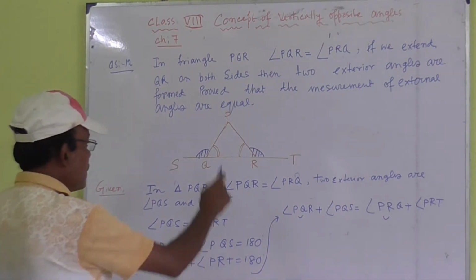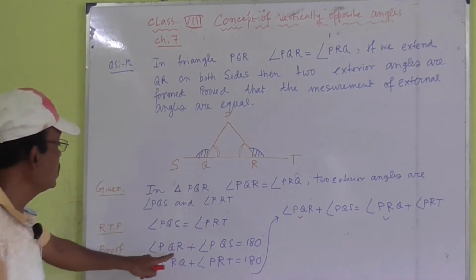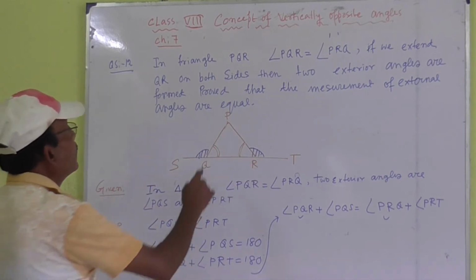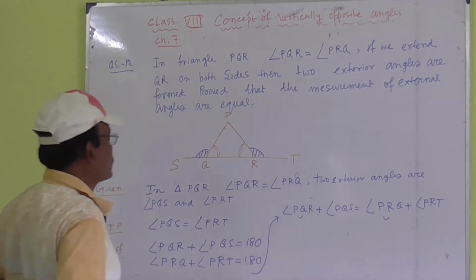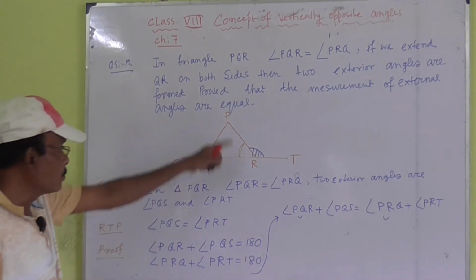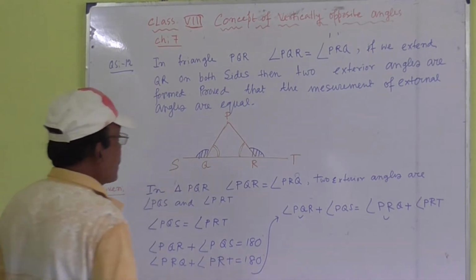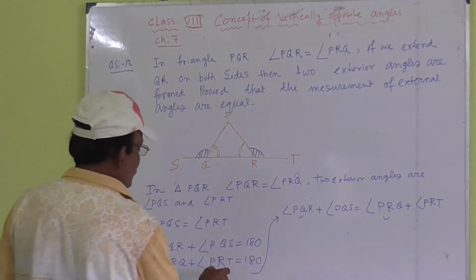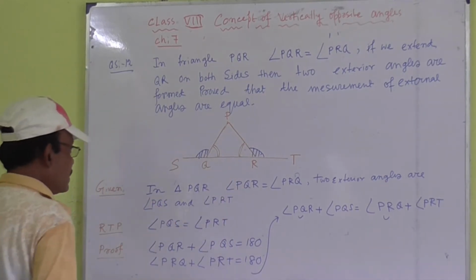We know that, sorry, the next step, proof. We know that angle PQR and angle PQS, that means this angle and this angle, the sum of these two angles is 180 degrees, because QP stands on QR. Clear? And angle PRQ and angle PRT, that means this angle and this angle, 180 degrees.